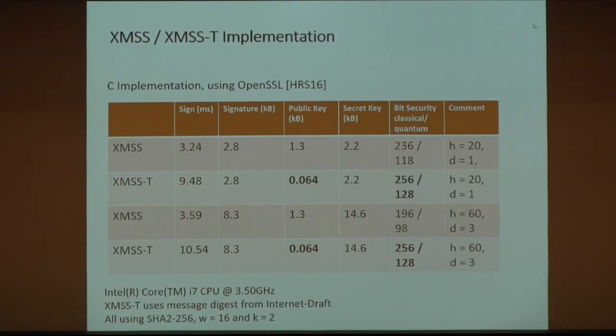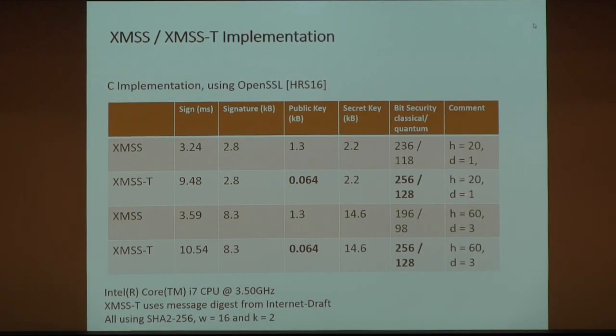And as I promised, some numbers. Thanks to Joost, who actually benchmarked these yesterday evening. So this is a comparison between XMSS as I described it here and XMSS-T. We've got 2 parameter sets here.